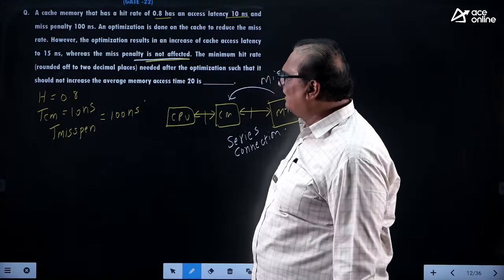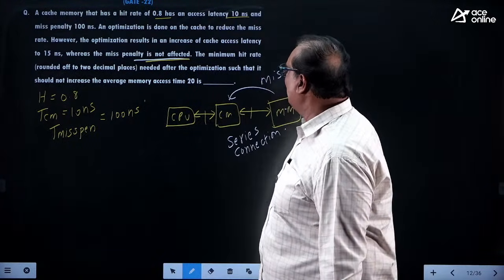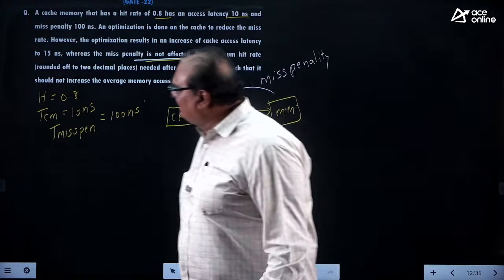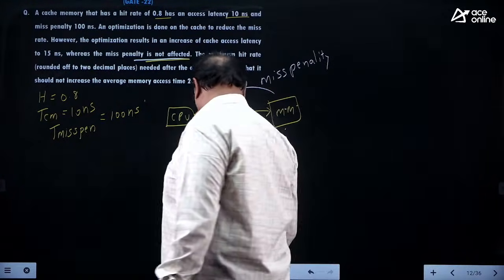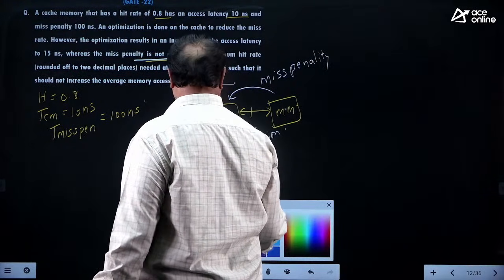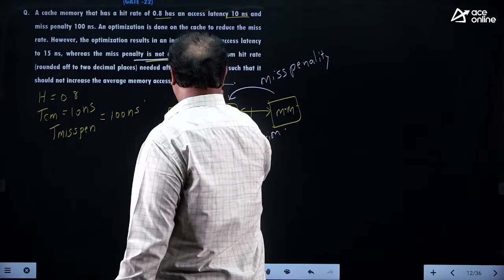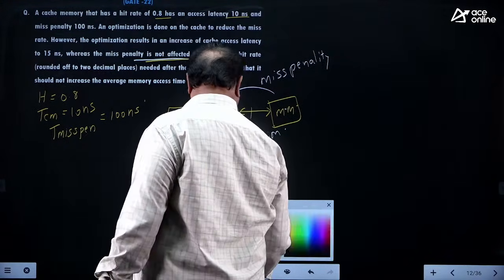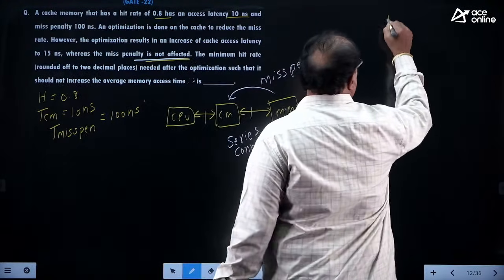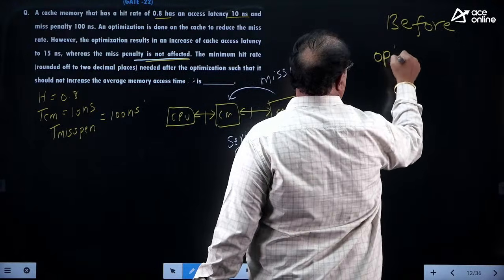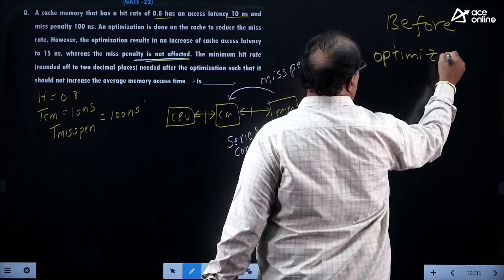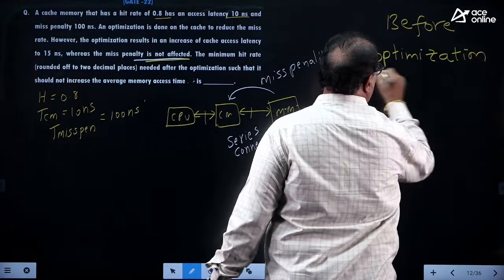The minimum hit rate, rounded off to 2 decimal places, needed after the optimization such that it should not increase the average memory access time is dash. First of all, before optimization, what about average access time?